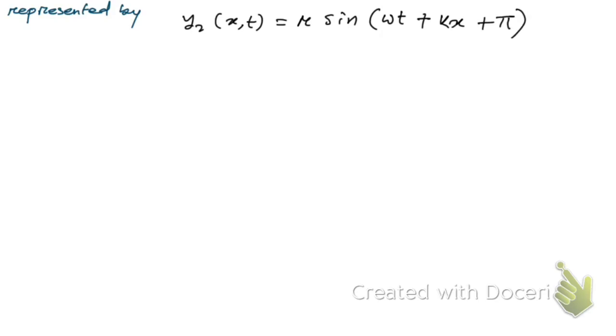The phase is changed by pi radian, so if we apply the ASTC rule, pi plus this is going to give minus r sine of omega t plus kx. That's what we're going to have.